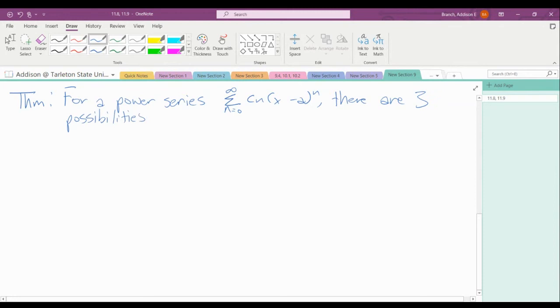Our first possibility is that our series will converge only when x is equal to a. Essentially, whenever we have a 0 in there, we get a 0 to the n.